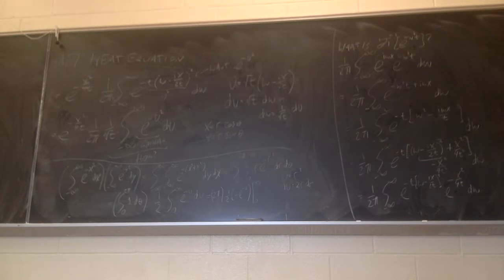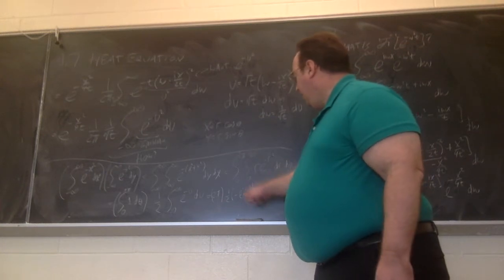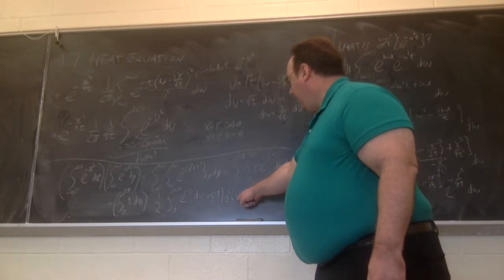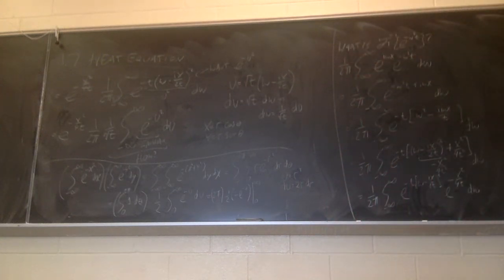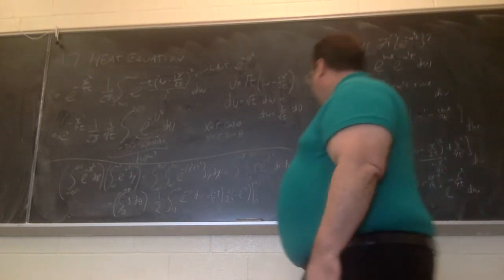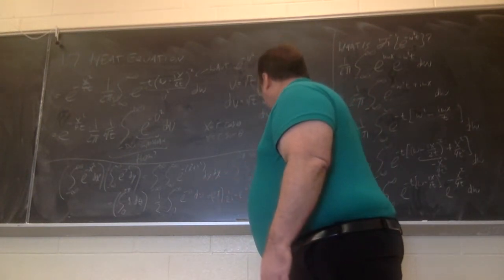Well, e to the minus infinity is 0. So you plug in the lower limit, and you get minus 1, but it's minus a minus 1 because it's the lower limit. So ultimately, what do you get when you simplify everything?